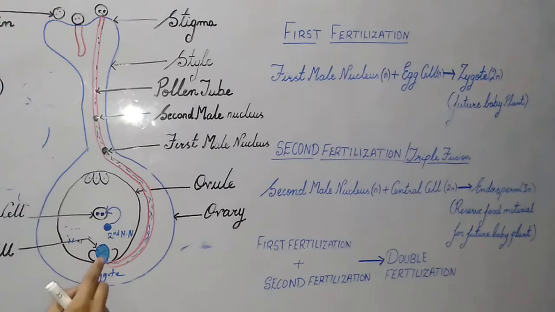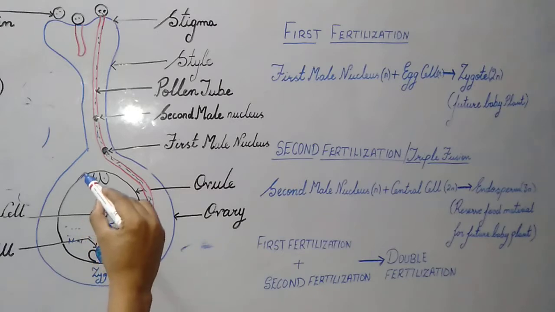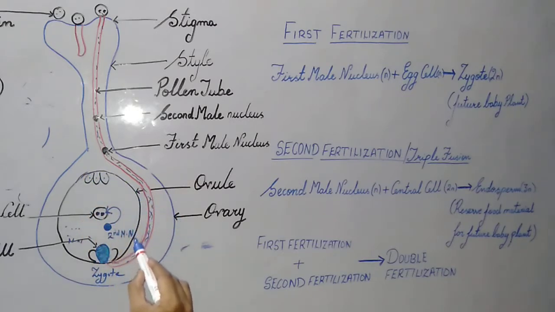Now this zygote is going to develop into the future baby plant. So this baby plant requires some nourishment, some food to survive. Endosperm is that food, because later on this structure is going to be converted into seed, and it will be detached from the plant.